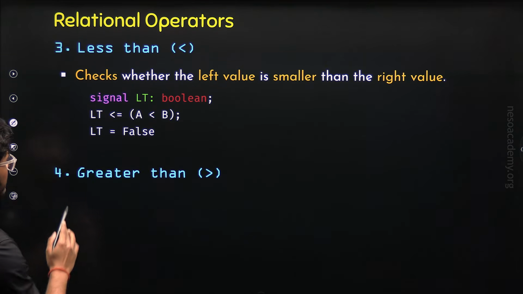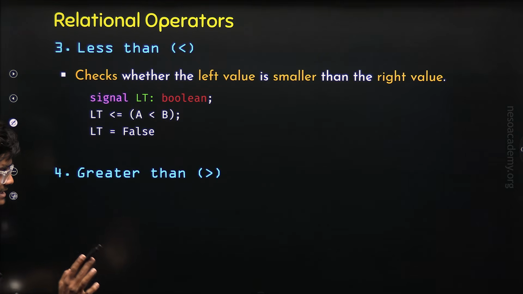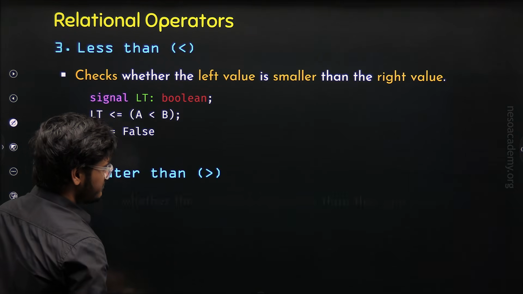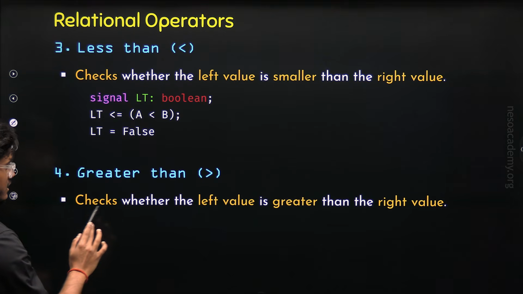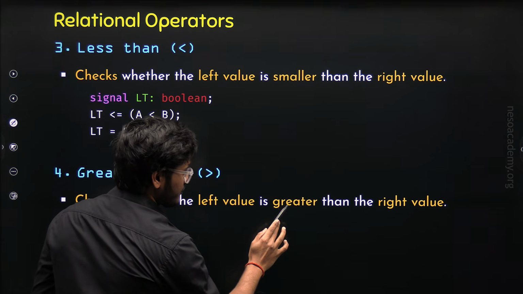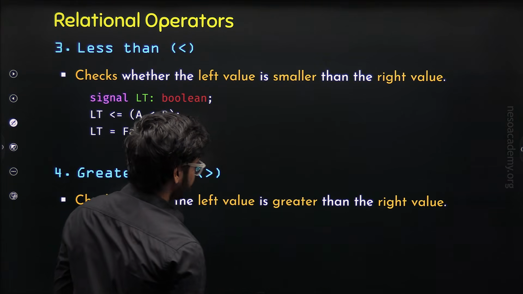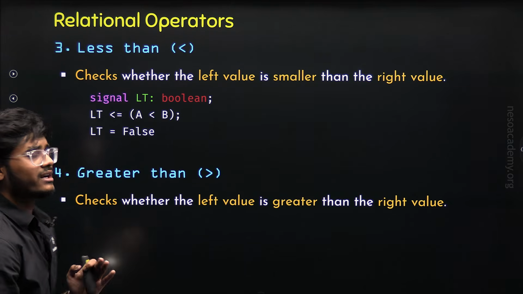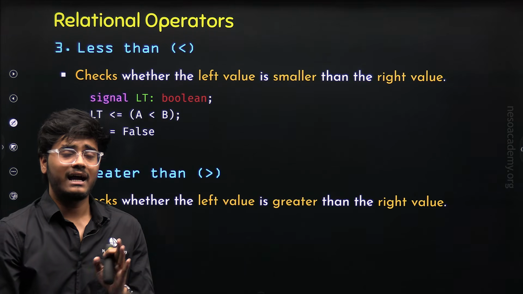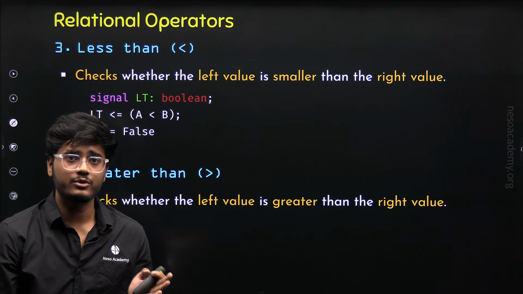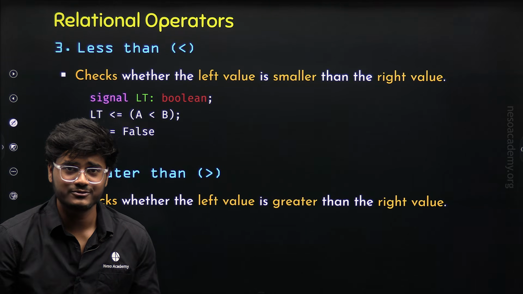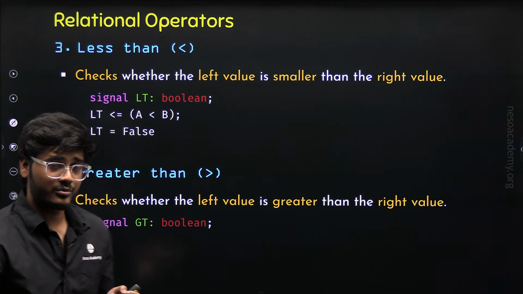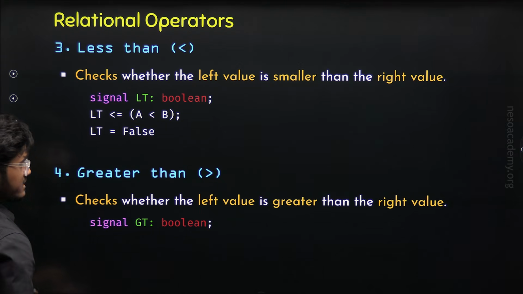Now let's see the greater than operator, represented by the greater than symbol. The greater than operator checks whether the left value is greater than the right value. Means the greater than operator compares two different values and determines whether the left value is greater than the right value. Now let's see how to write this operation using the greater than symbol.